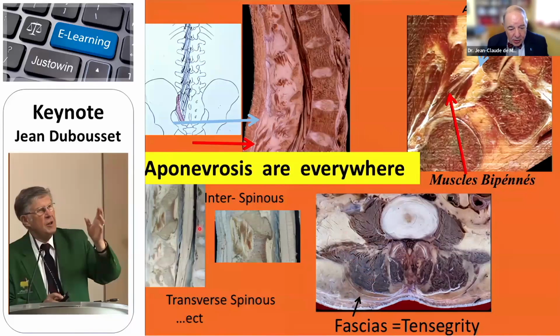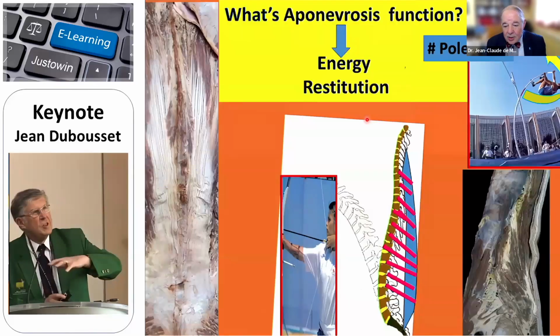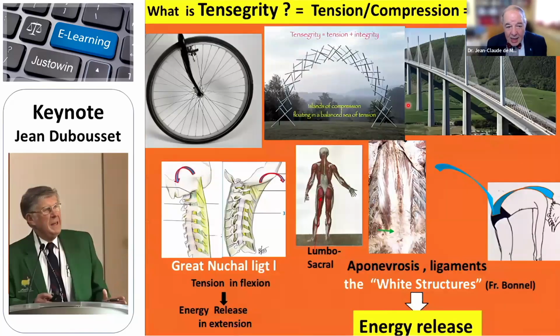And if you work only on ligaments, especially in the frontal plane, we have viscoelasticity. So this is very important, and this function is energy restitution, or the dynamic aspect of restitution of energy.